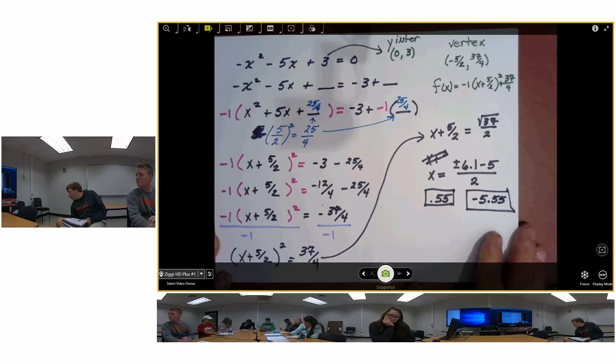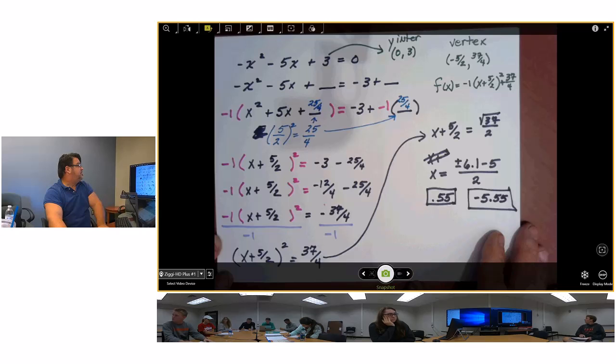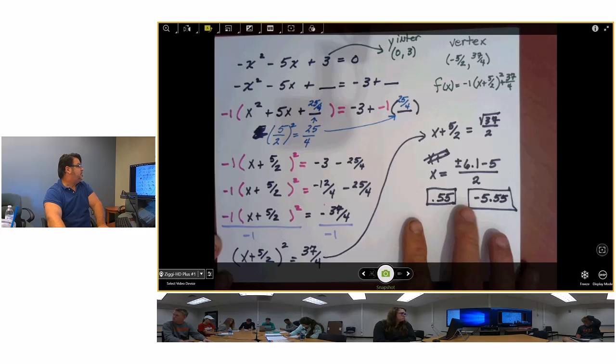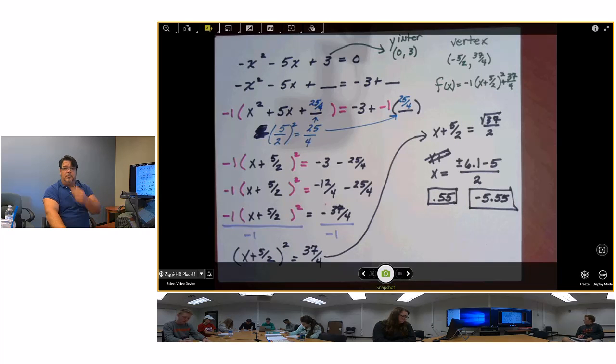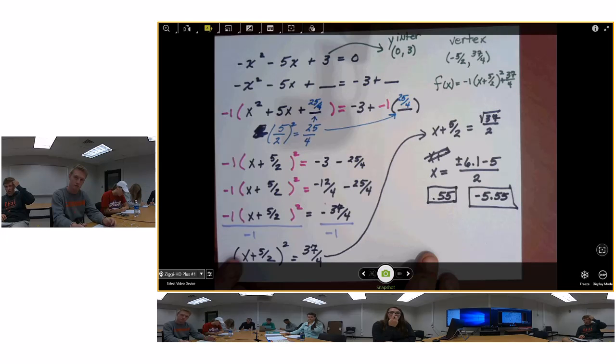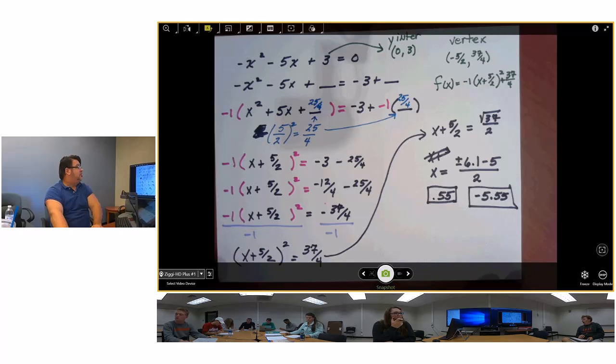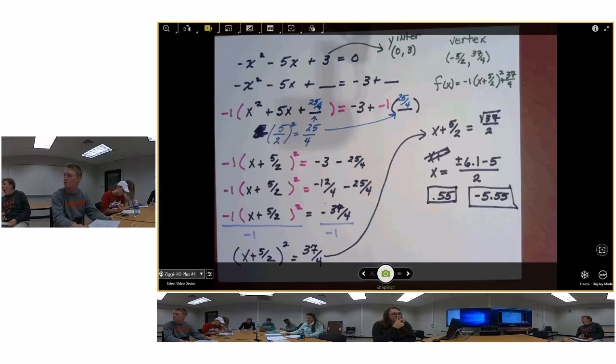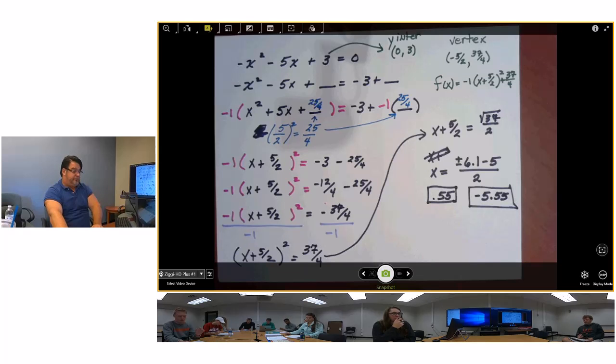You've got your y-intercept, you got your vertex, and you got your x-intercepts. Now, am I supposed to sketch 37 over 4? Well, what is 4 into 37? Hang on, 9 and a fourth. Something like that, I reckon.